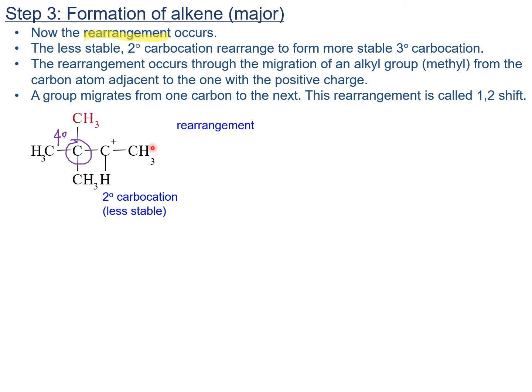What type of rearrangement yang dia akan buat? Dia akan buat 1,2 methyl shift. Okay, so dia akan shiftkan any of these methyl groups dekat this carbon atom bersamakan dengan this positive sign. Okay, so you have to show the rearrangement 1,2 methyl shift ni with this arrow.